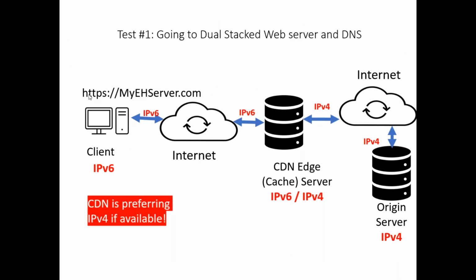So to summarize some of these results, if we're going to a dual stacked web server, V4 and V6, we've got V6 from the client going across the internet, we go V6 to the CDN edge or cache server, and quite a few of the CDNs prefer V4 going the other way.